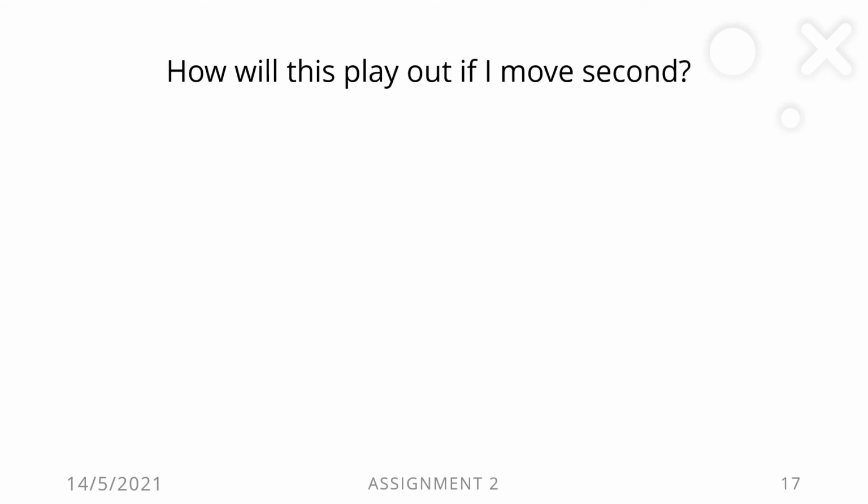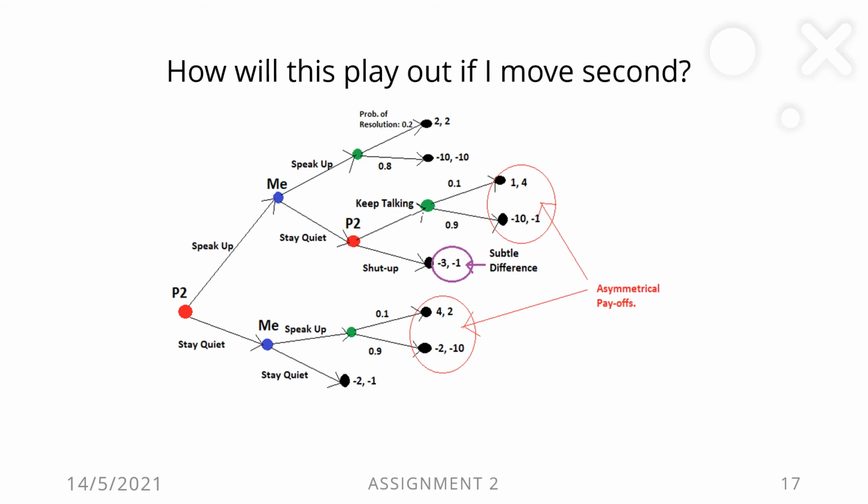So how will this play out if I move second? There are some slight differences in the payoffs, mainly because player 2 is the one who has been through the most recent trauma. So her payoffs in both cases are slightly worse than mine.